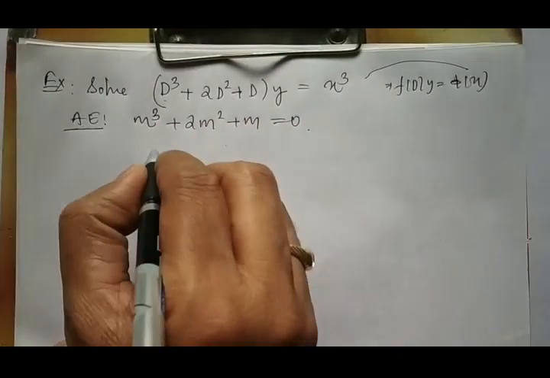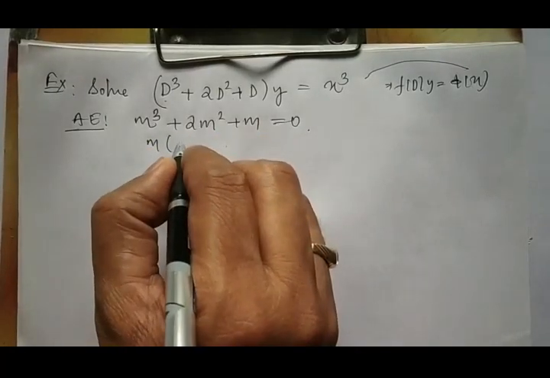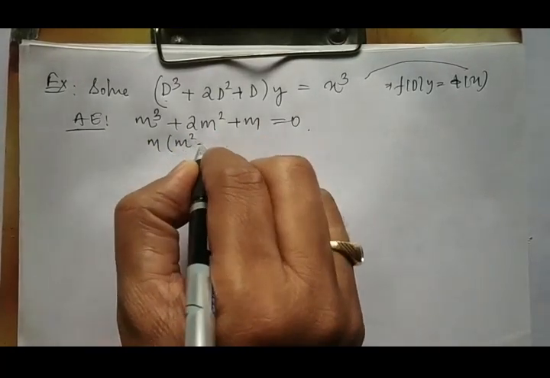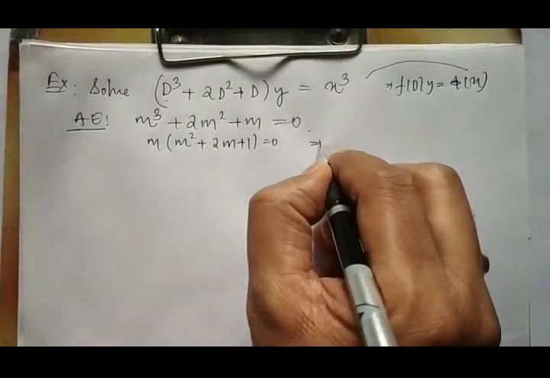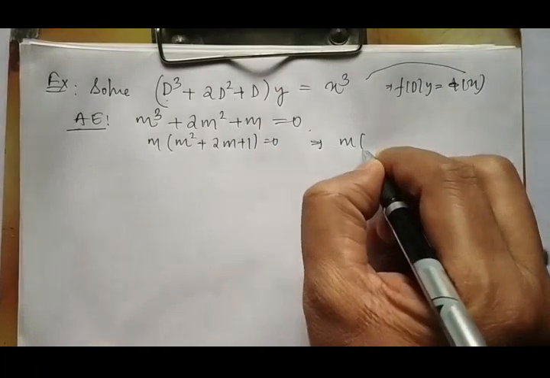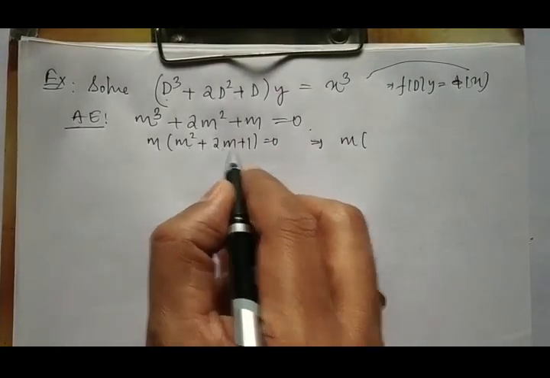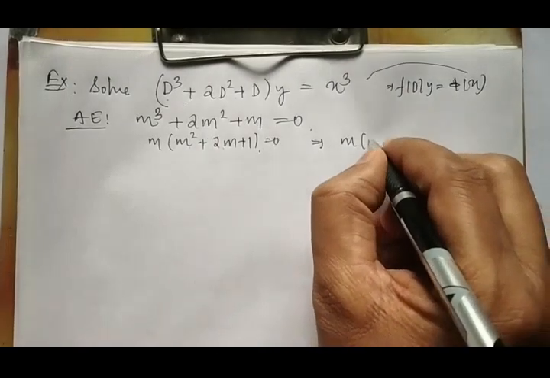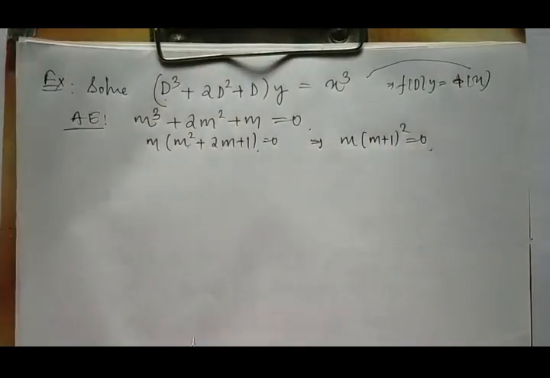Then take m common from this to get a root. Then remaining is m square plus 2m plus 1 equal to 0, which is nothing but m into m square plus 2m plus 1 is nothing but m plus 1 whole square, which is equal to 0.